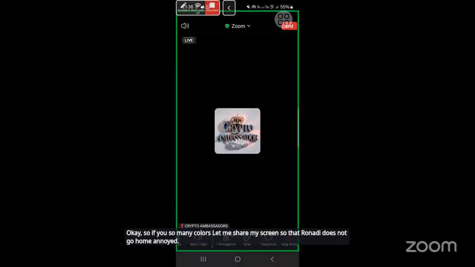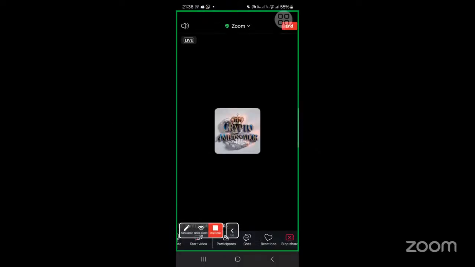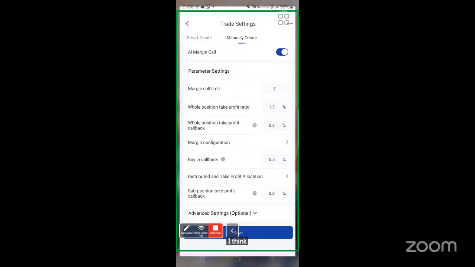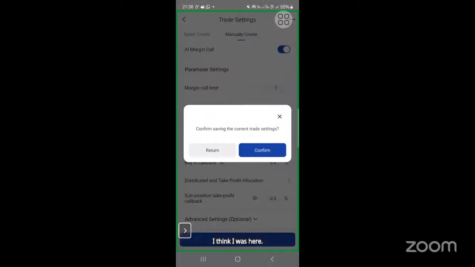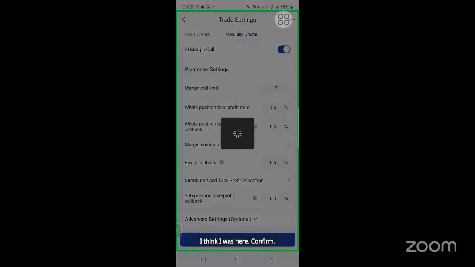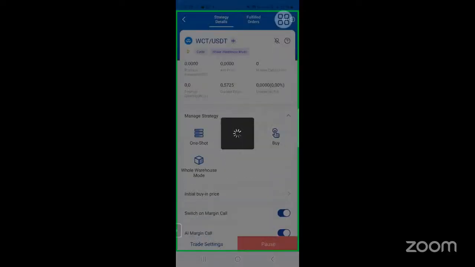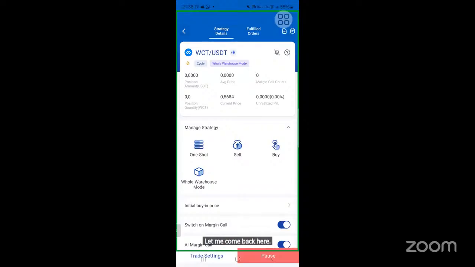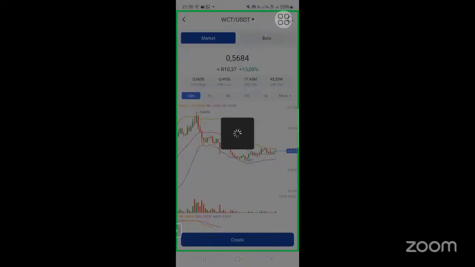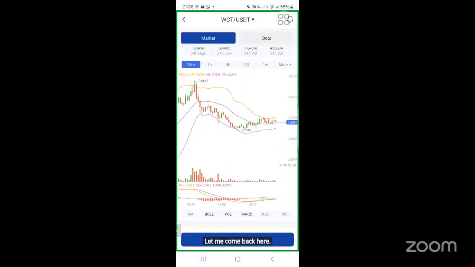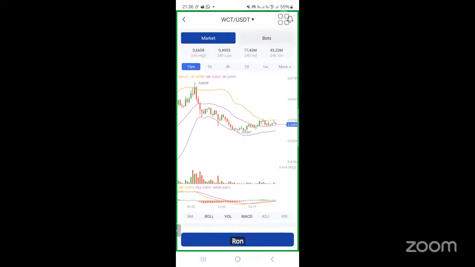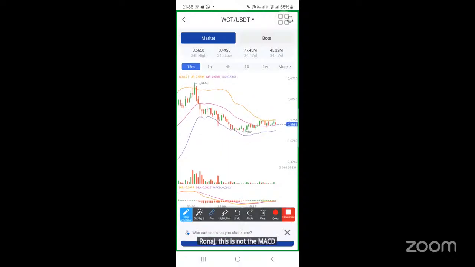Okay, so if you saw many colors, let me share my screen so that Ronald does not go home annoyed. I think I was here. Let me come back here. Ronald, this is not the MACD indicator.